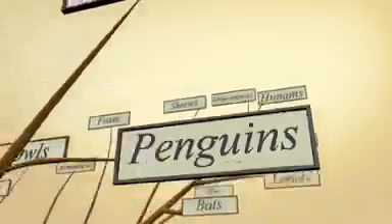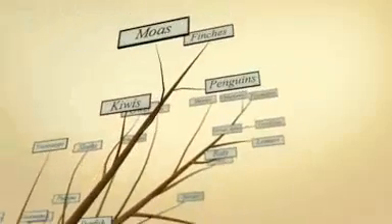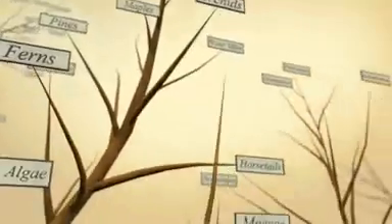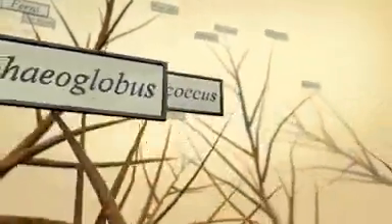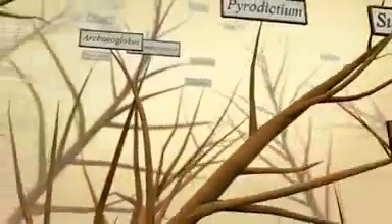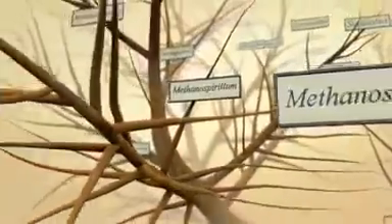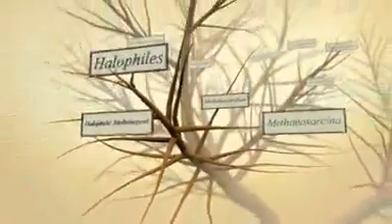He called the gradual evolution of new species from old descent with modification. And he pictured the relatedness of all living things as a great tree of life, with each twig a different species, ultimately springing from a common ancestor.